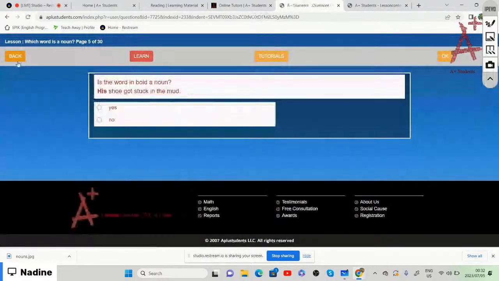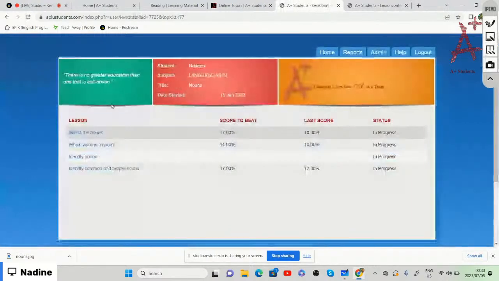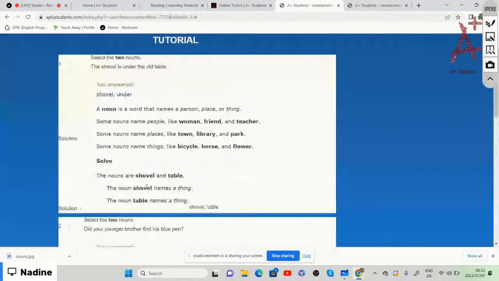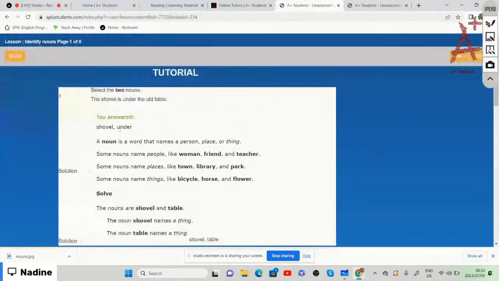All right, so now we're going back to our lessons. Here we're going to have to identify a noun. Once again, we said a noun is a word that names a person, a place, or a thing, right?